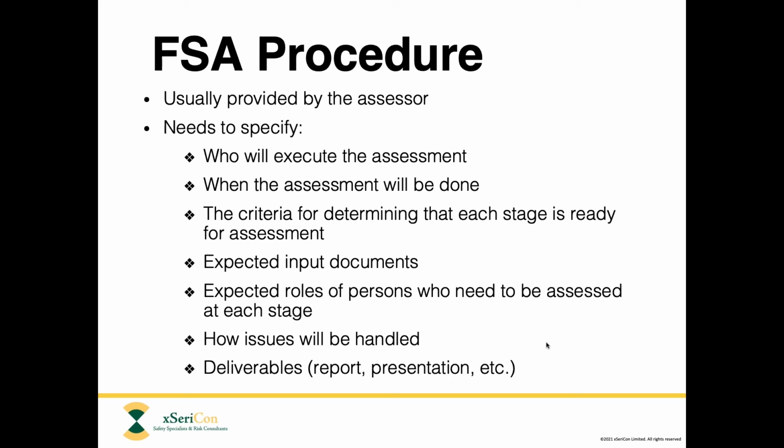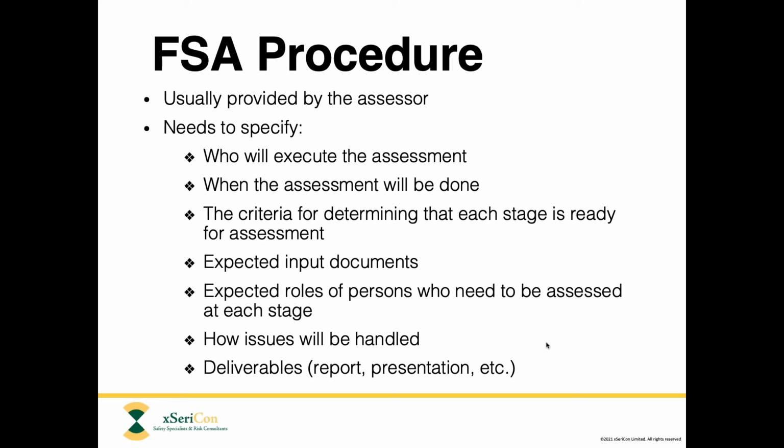Here are some of the things that need to be in the procedure. We need to say who exactly will actually execute the assessment. The reason for this is partly that it is a requirement of the functional safety management that you always have to specify who exactly is responsible for each kind of safety critical task, so that you can confirm their competency, but also because there is an independence requirement.